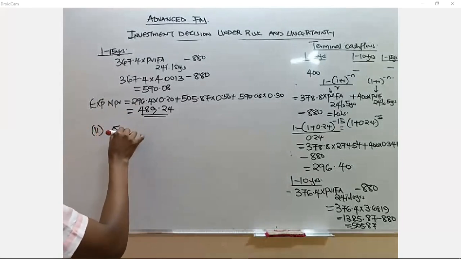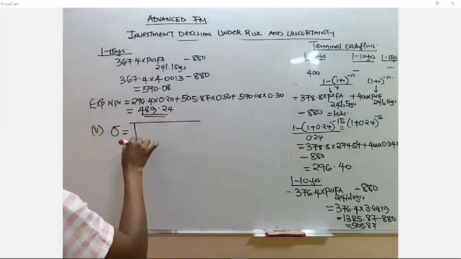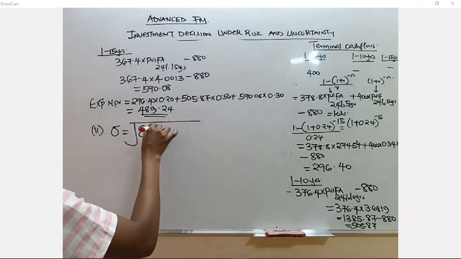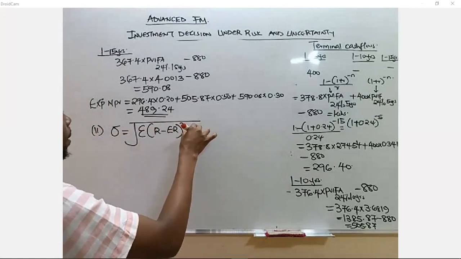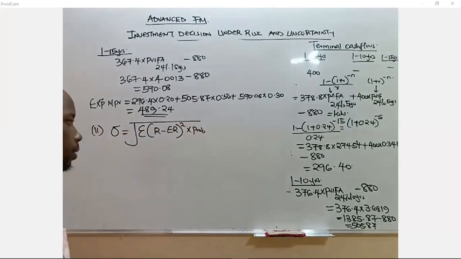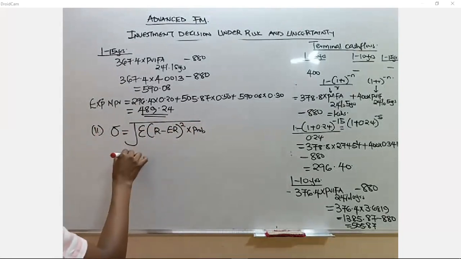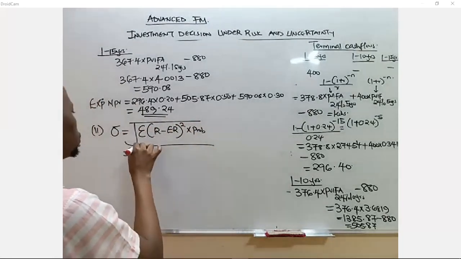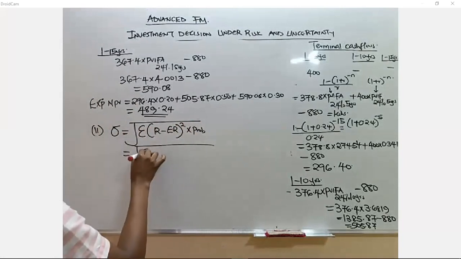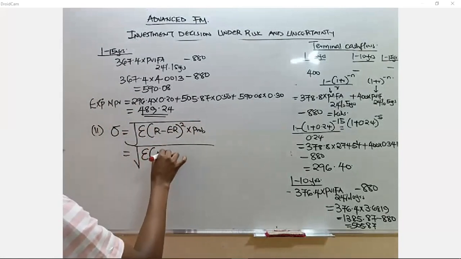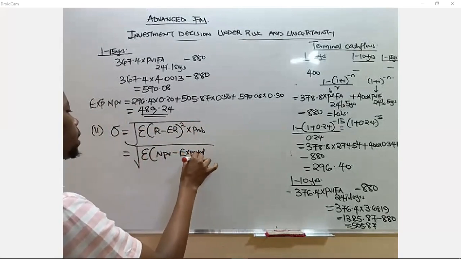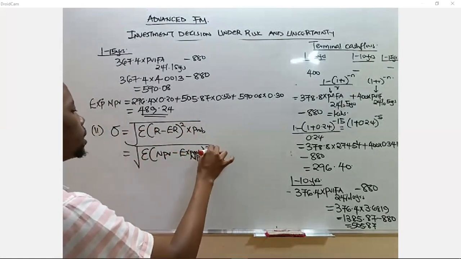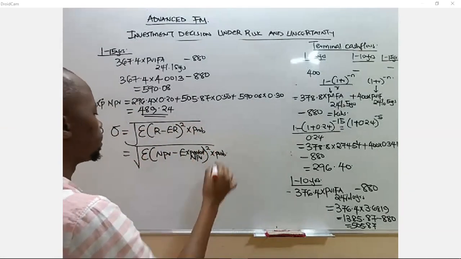We said to get our standard deviation, we take the root of the summation of our return minus expected return, squared, and you multiply by the probabilities. Now, in this case, we are using NPV, so I'm supposed to be taking the summation of NPV minus the expected NPV squared, then you multiply by the probabilities. That is how it goes.